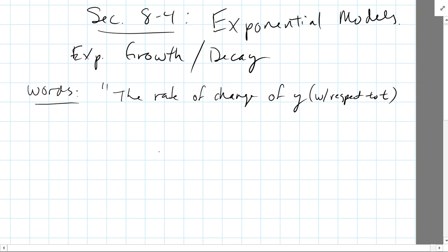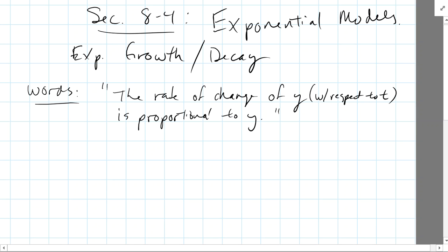Then n is the y and s is the x. So s is the thing it's with respect to. You'll see what I'm talking about when I show you examples. And then they'll tell you that whatever it is is proportional to y. There'll be some variation on that.